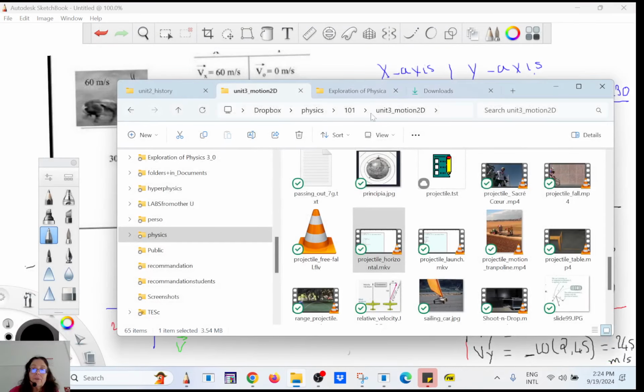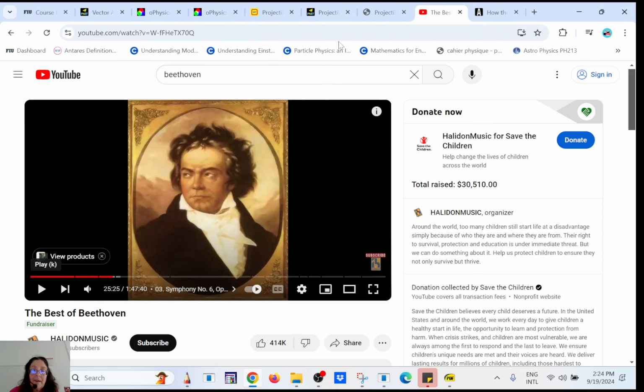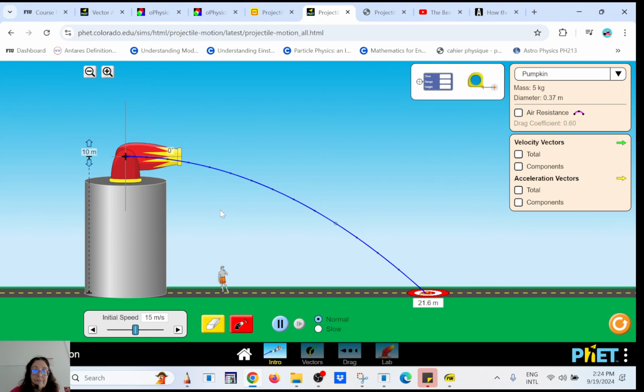I'm going to show you the velocity and its components. Let's see, fire, boom, almost. You see, this is the x component, this is the y component, this is the origin, and that will be your velocity.